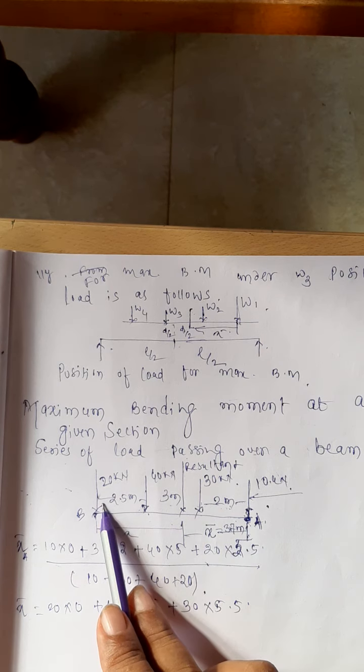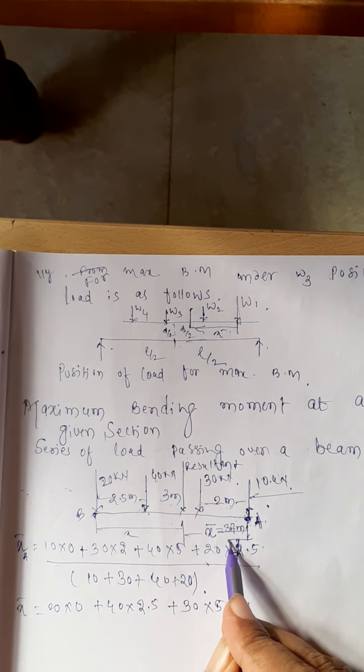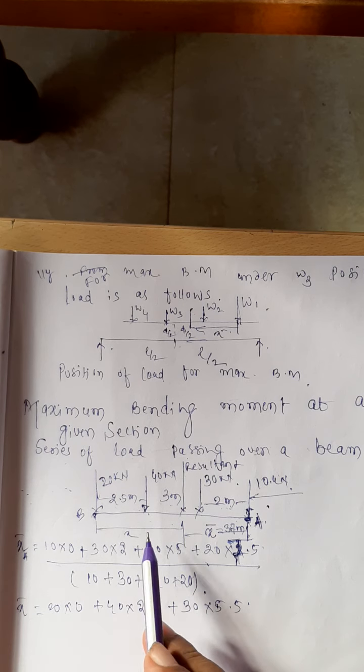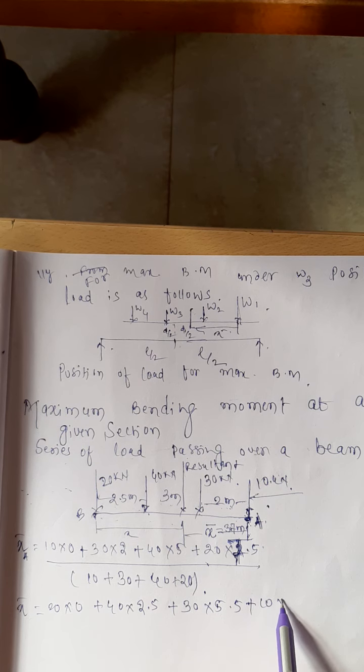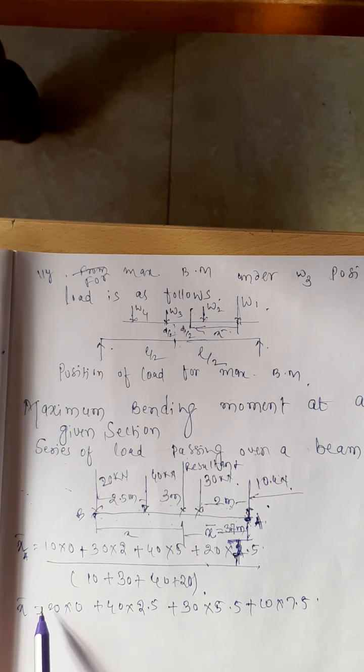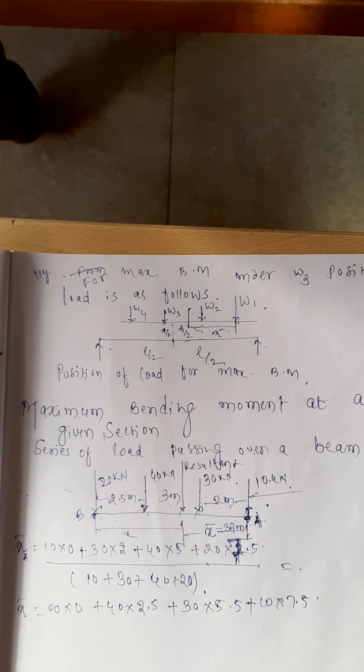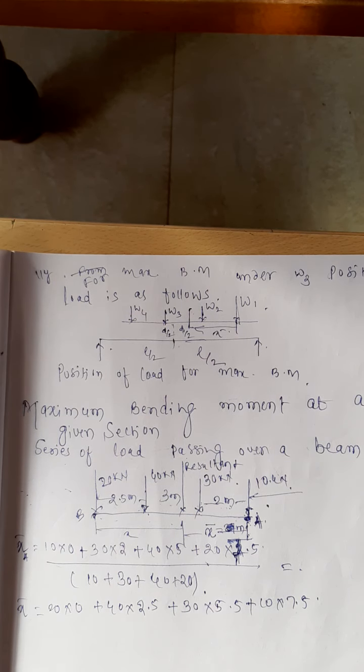It should be 7.5, 10 into 7.5. This number is to be changed. This is not 3.75. Yes, 30 into 2 plus 40 into 5 plus 20 into 7.5, divided by 100.